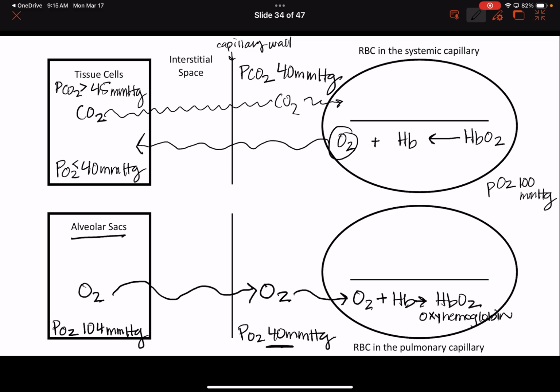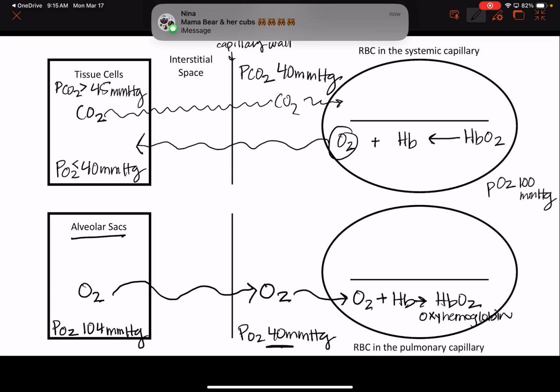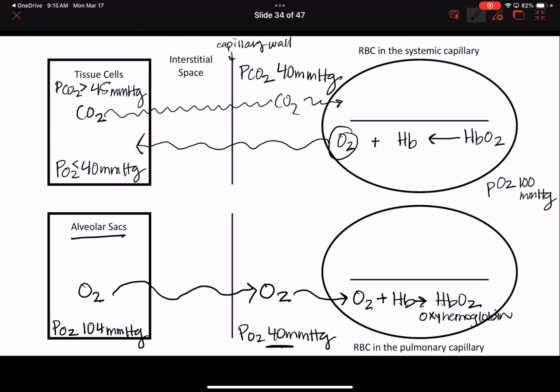And then we said that 75% of our CO2 is transported as what? Not the hemoglobin, bicarbonate.